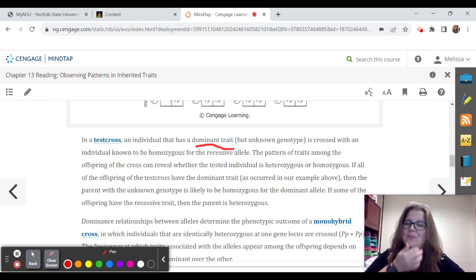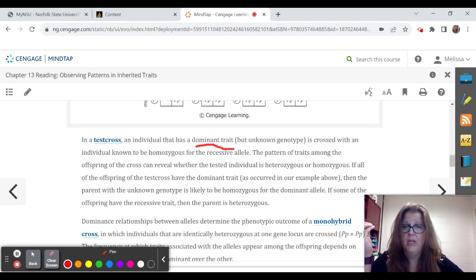restart. So we can do a test cross, and we actually did this in practice question number 3 in my video going over the Mendelian genetics PowerPoint. We knew that there were purple flowers, and we can figure out based on a test cross, by looking at the offspring.